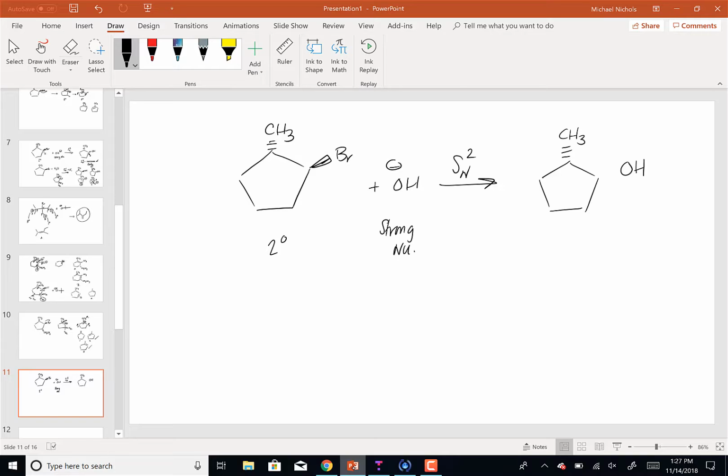Would there be an inversion because it's SN2? SN2 goes by inversion of configuration. So what wedge goes on the OH? Bold, dashed, or both? I hear dashed. Do we support that?